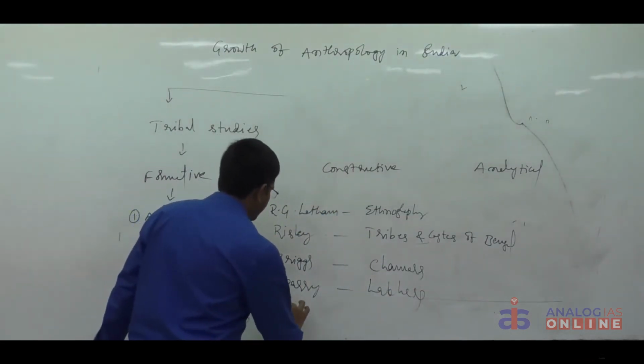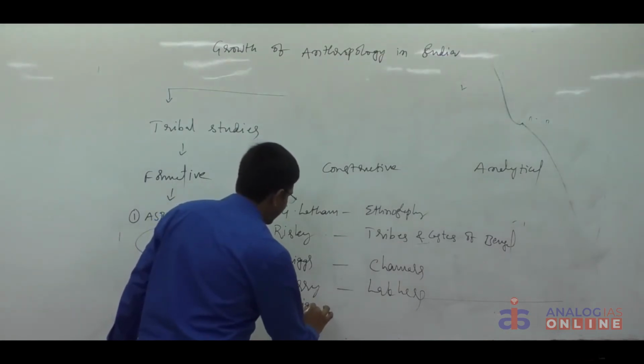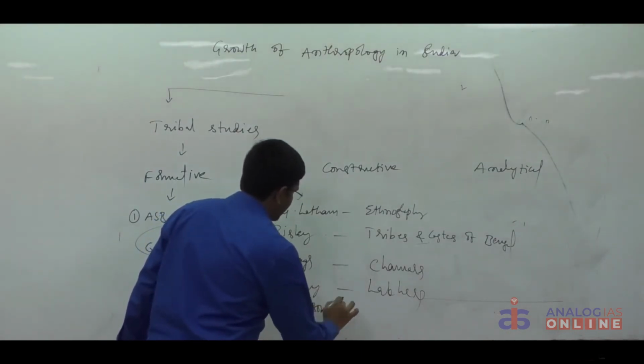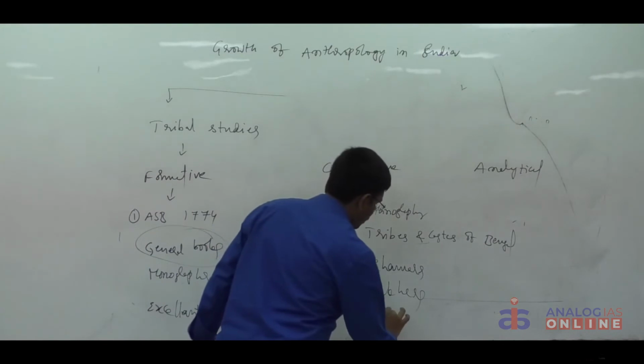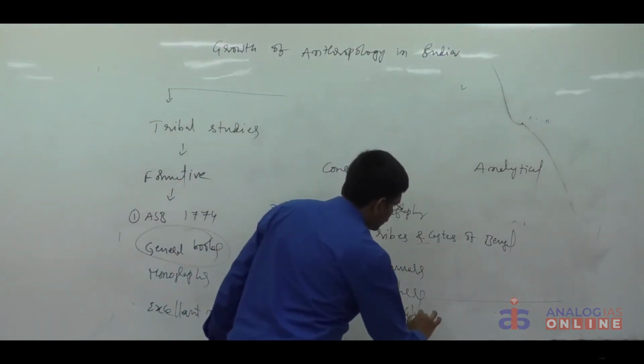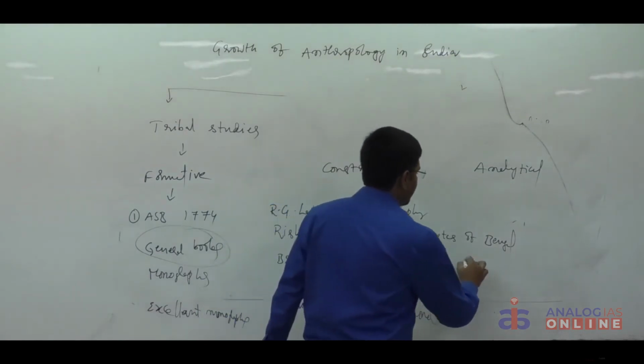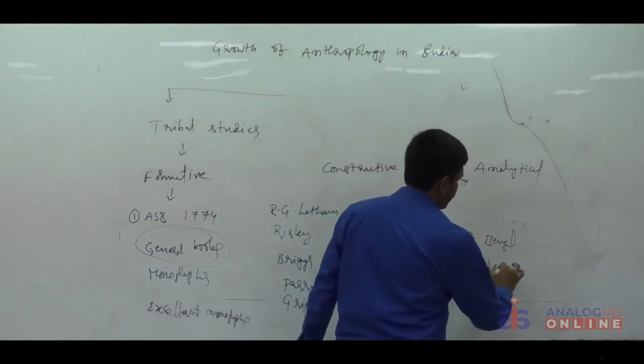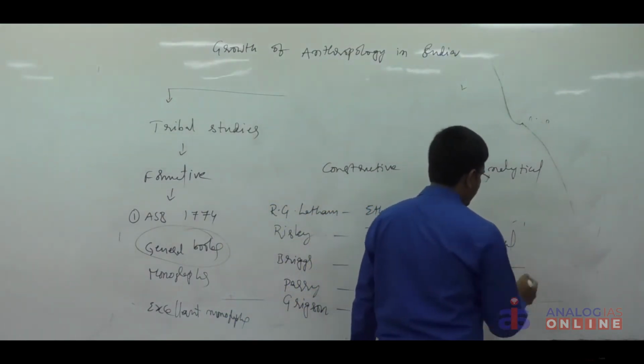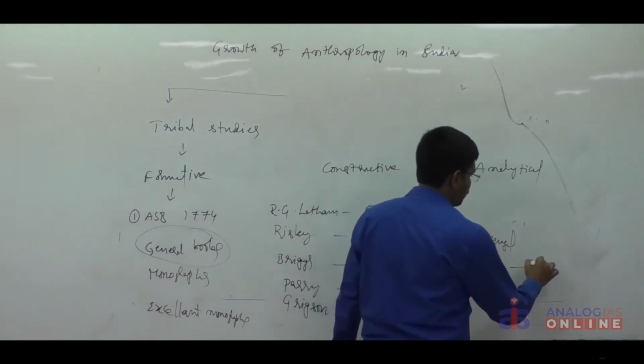Then another person by name Gregson, he wrote a monograph on Mariagons. Then another anthropologist by name Gurdon, he wrote a monograph on causes.